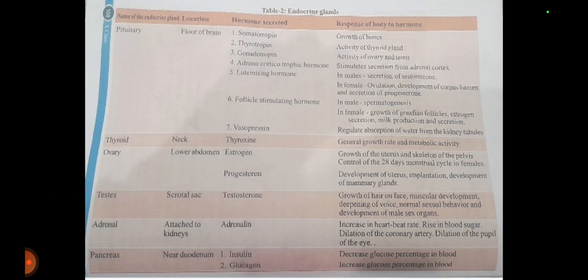The fifth is the adrenal gland. It is attached to the kidneys, as we have learned, and it secretes a hormone called adrenaline. The last is the pancreas. It is located near the duodenum. It secretes the hormones insulin and glucagon.